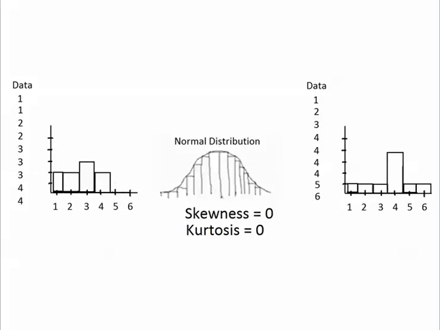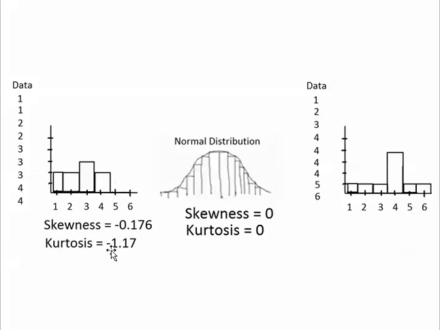Here's one other example. This time I want us to focus more on kurtosis than skewness. Notice how this one is really flat, so it should have a negative kurtosis value. And that's actually what happened.